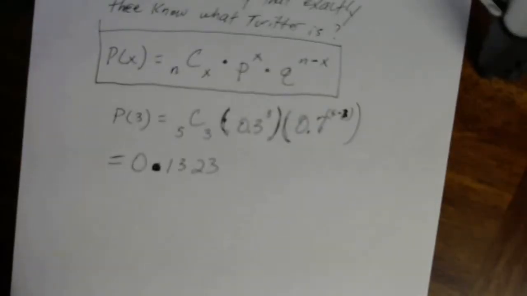Before I actually do that, I'm going back to the document camera, and I'm going to write down the parameters for this function we're using.